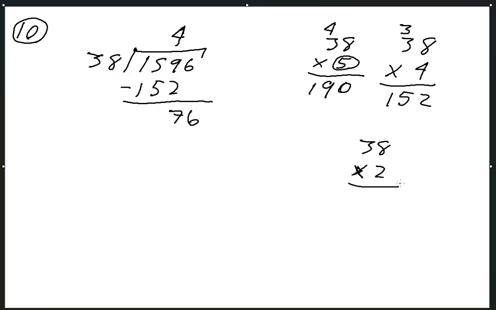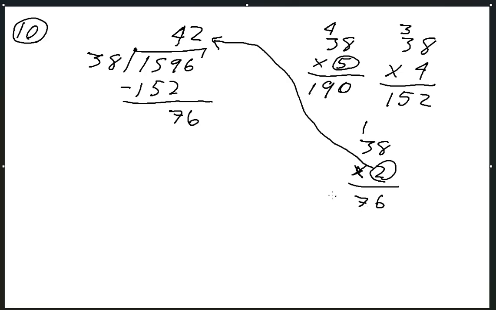Okay. 8 times 2, 16. Put the 1 up here. 6 at the bottom. 3 times 2 equals 6 plus 1. Guess what? A 76. So you have a 76 right here. So what do you do with this 2 right here? This 2 goes over here. So you put a 2 right here.